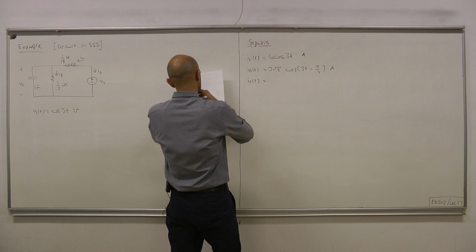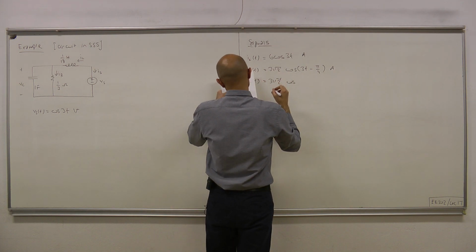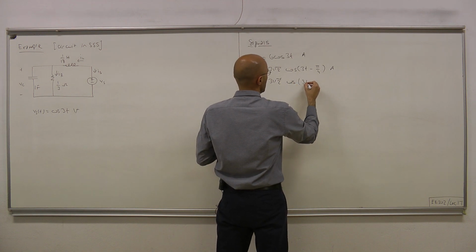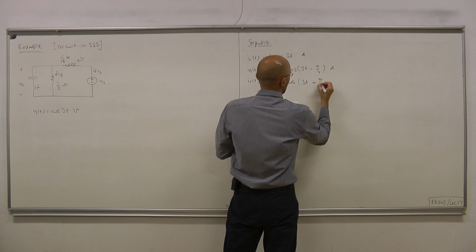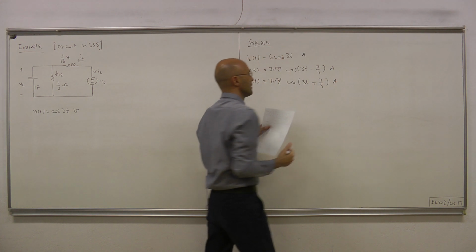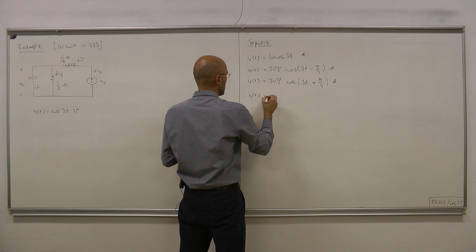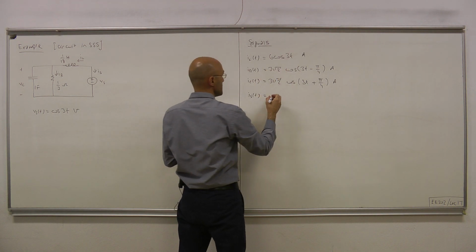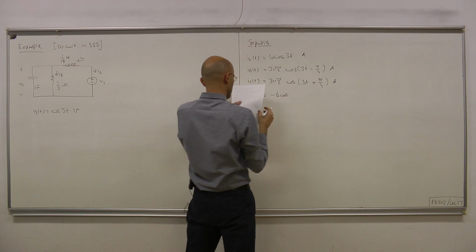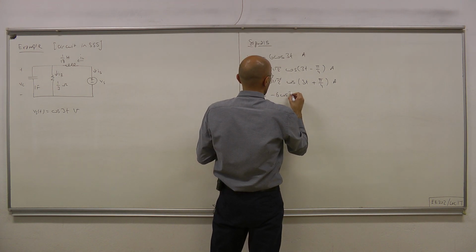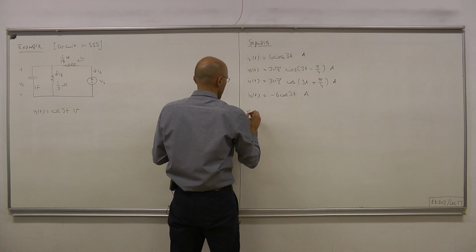IC of t, the capacitor current, is 3 square root of 2 cosine of 3t plus 45 degrees amps. IS of t is minus IL of t, which is minus 6 cosine 3t amps. And then we have the voltages.